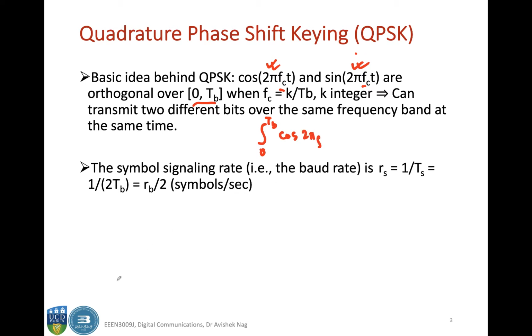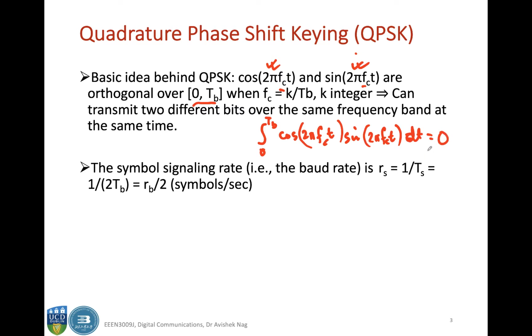the integral of cosine 2 pi fct times sine 2 pi fct dt will be 0.